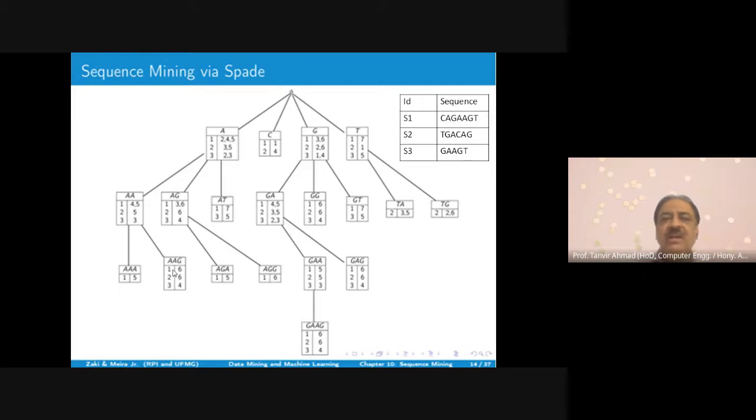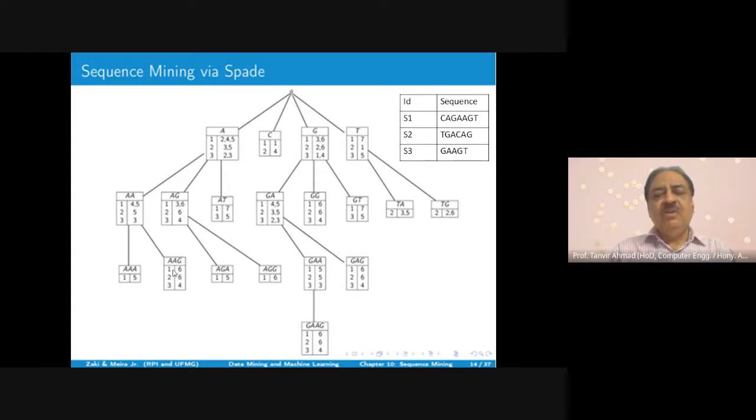Now, similarly, here AAA will be removed, AGA will be removed, AGG will be removed. And these 3 will be removed. Now you are remaining with only double AG, GA, and GAG. Now, with double AG, you can extend with only G. Now if I say with AAG, G it is not there.